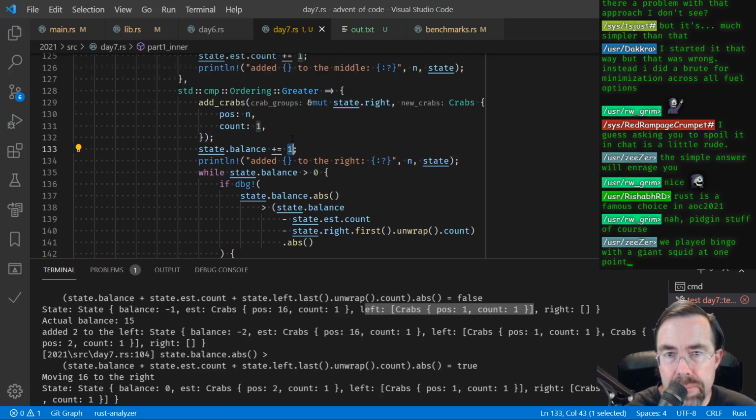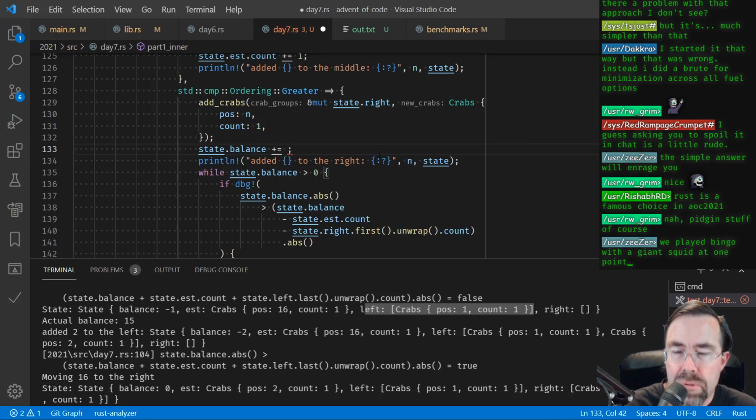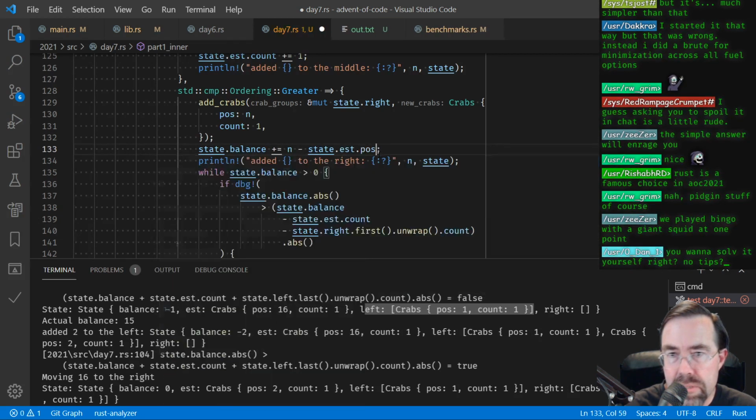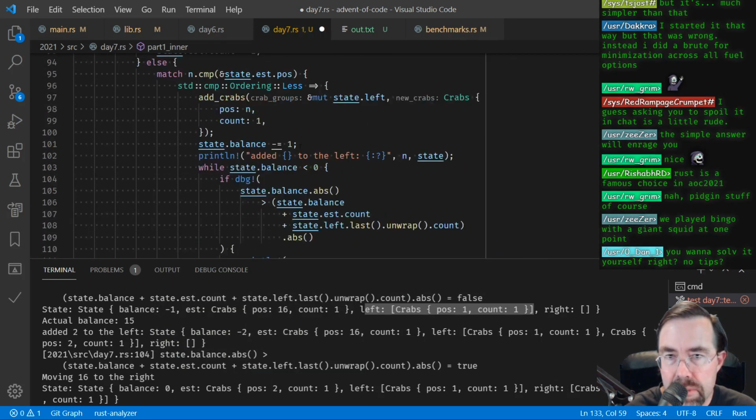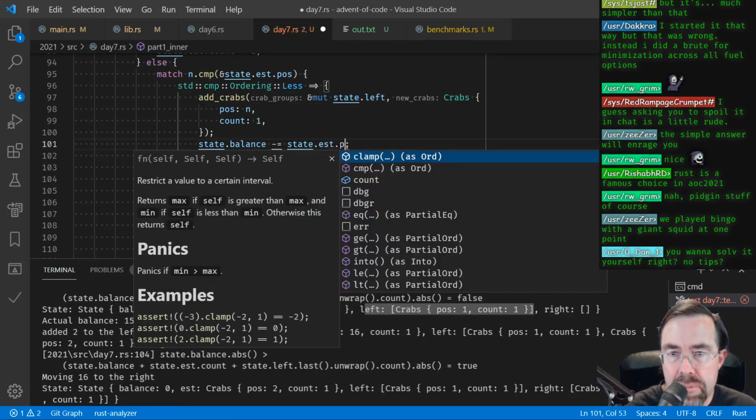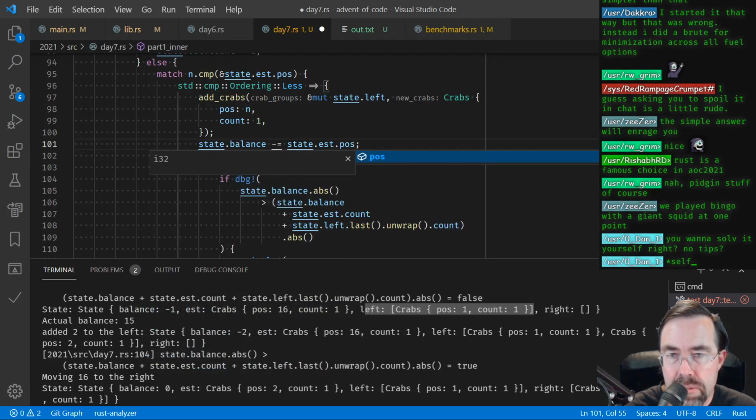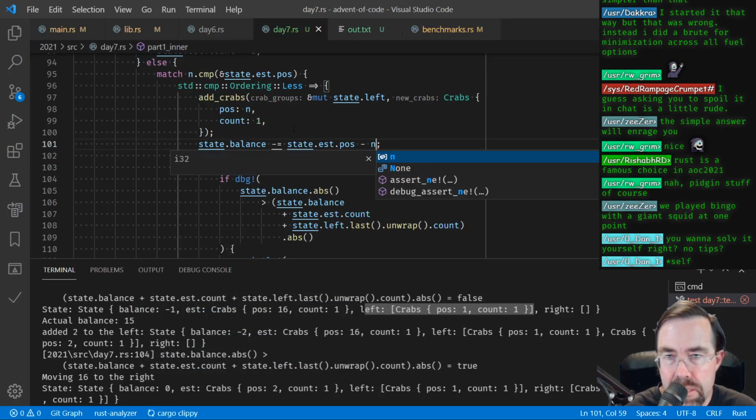It should be the difference between n and the estimate, not 1. Yeah, okay, so then this is n minus state estimate position. And then this one should be state estimate position minus n. Actually, it doesn't really matter.